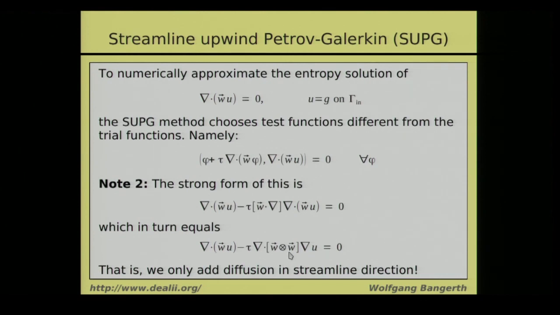What I have here is not what we call isotropic diffusion. So if I add Laplace u to the equation, then that corresponds to a process where I allow diffusion in every direction. Here, I actually only allow diffusion in the direction of w. So if you think a little bit about what this means, then that means that there is diffusion only in the direction of w. So it's a one-dimensional diffusion process.